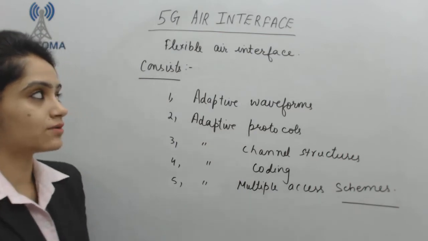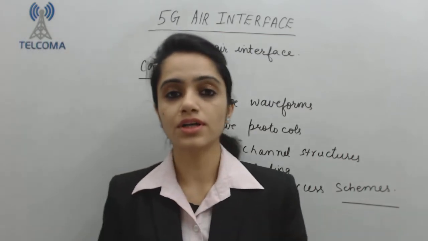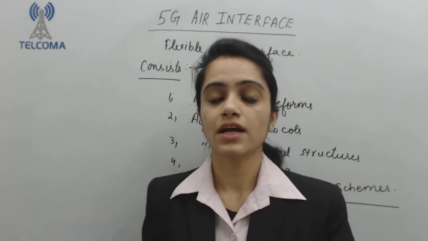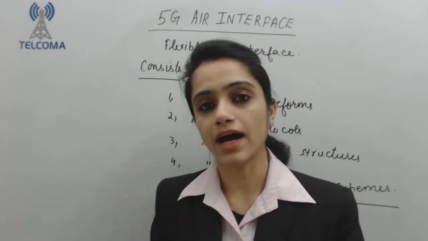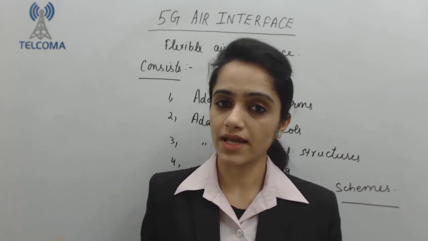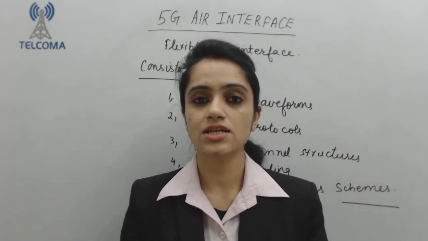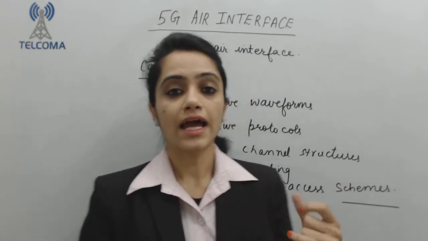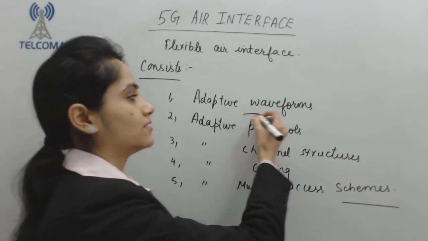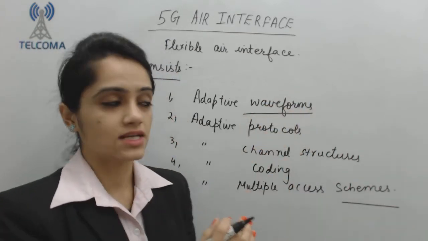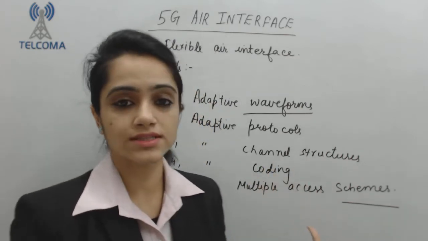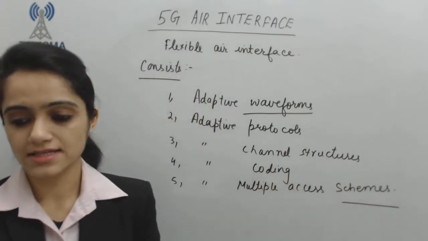So this is my requirement, that I want a new air interface in 5G because we have new requirements, or high data rate requirements. So my air interface should be flexible enough to meet all those requirements. In order to meet them, we require adaptive waveforms in our systems, protocols, new channel structures, new coding techniques and multiple access schemes.